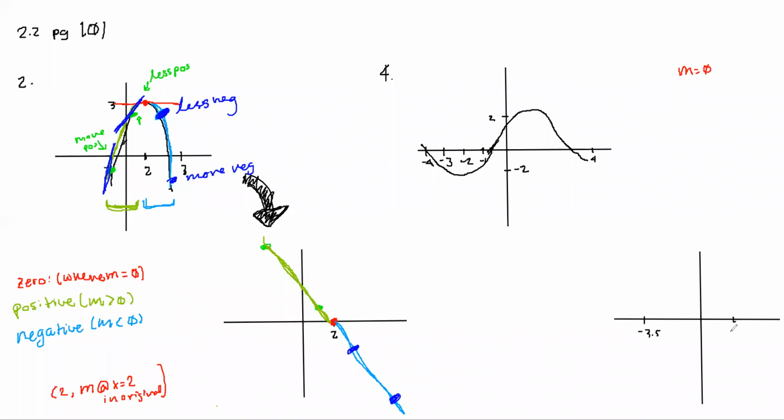Yeah. Okay. So I'm just going to go ahead and mark those down right away because I know that it's going to cross the x-axis here because at these points I'm transitioning from positive to negative. Okay. So what's next?